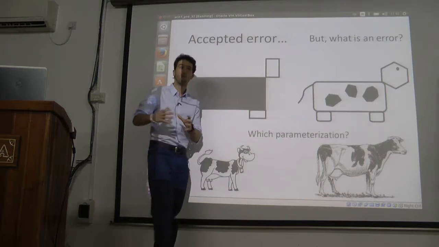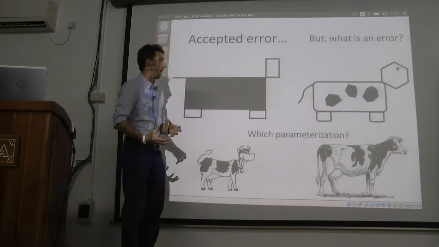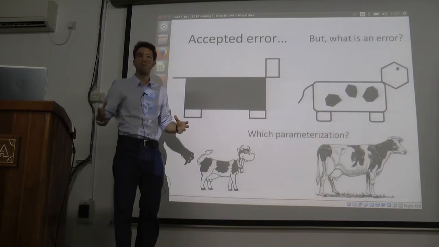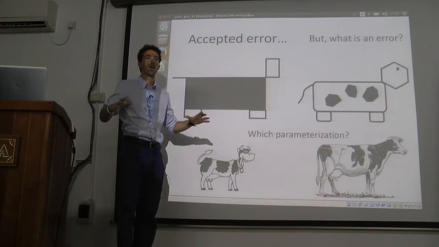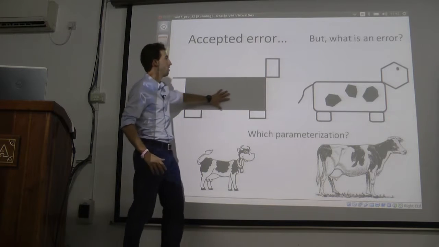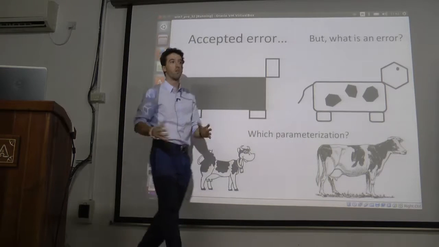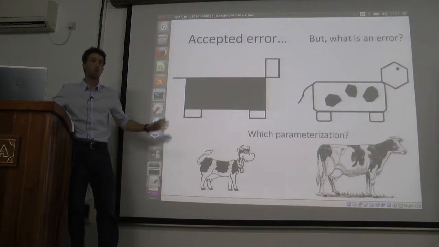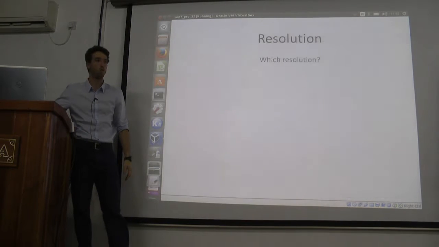So I have to solve the physics involved. If I don't have good parameterizations, it's better to stay with lower resolution, because the physics here is much easier than the physics there. So you have to think about changing parameterizations when going to higher resolution.